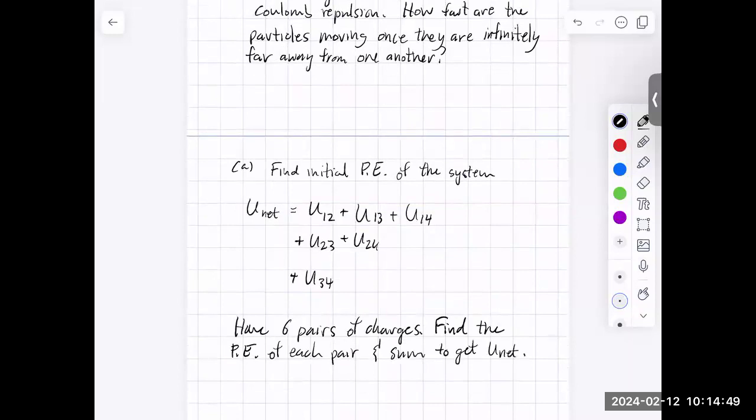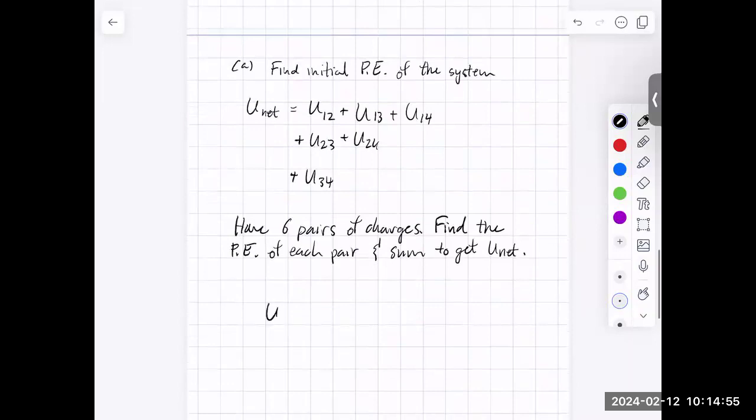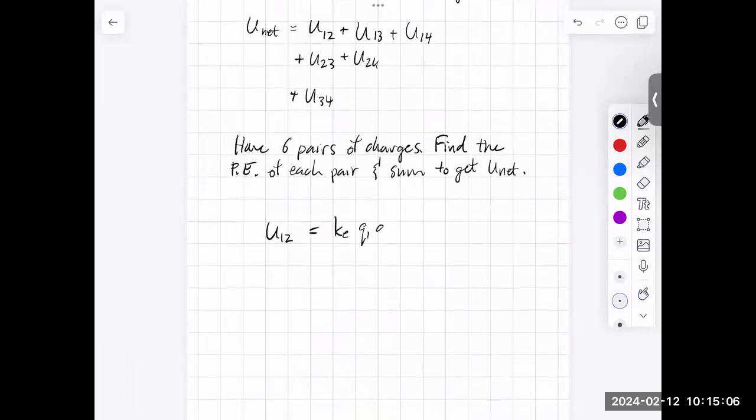Let's remind ourselves how we would find the potential energy of one pair of charges. Let's say we're dealing with the potential energy between charge 1 and 2. It's going to be Coulomb's constant times Q1 times Q2 divided by the distance between 1 and 2, which I'll label R12.